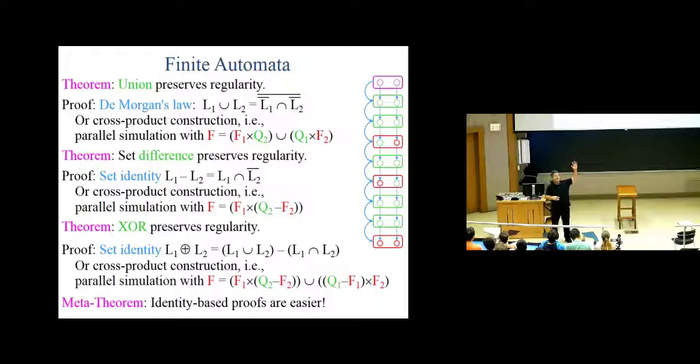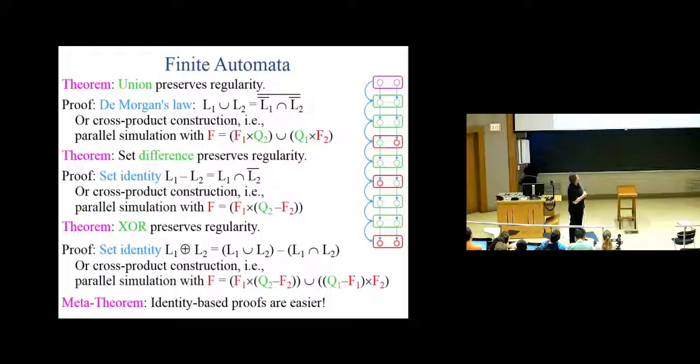How many get that? It's true about any pair of sets that their difference is the same as the intersection of one with the complement of the other. So you can do that using the set identity, or you can do it the hard way with the cross-product construction, but accepting the difference.